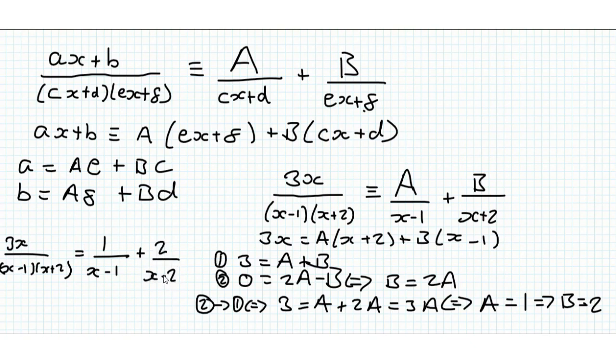We can check this, cross multiply it. So we do (x plus 2) plus 2(x minus 1). So the 2's cancel each other out, we just get 3x on the top, and we multiply it. There you go, brilliant. Okay, so that's our answer.